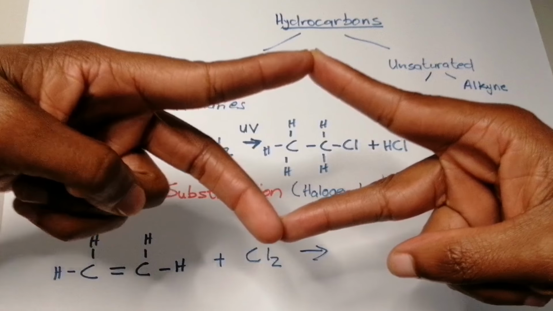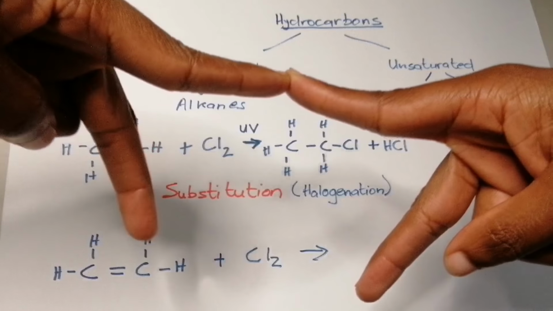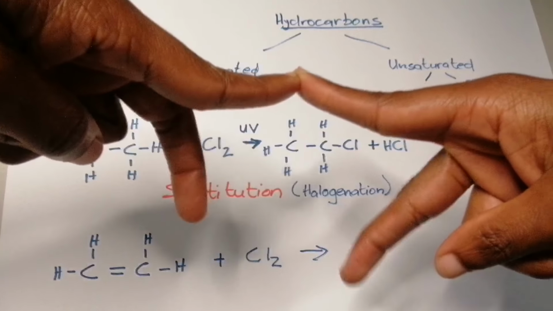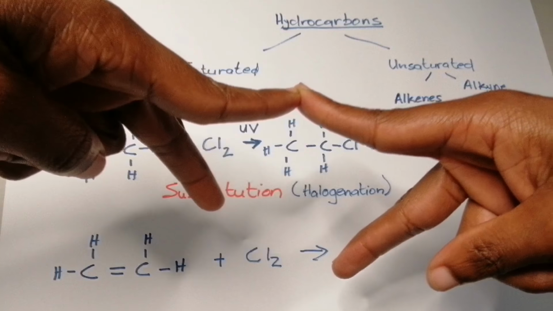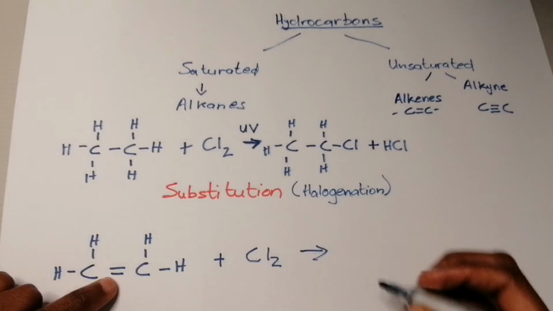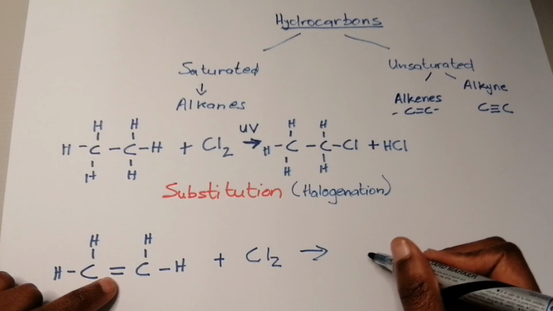So when it breaks, now I've got two fingers that can basically hold on to something else. So when a double bond breaks, we've got the sigma bond there and we've got the pi bond, not that you need to know their names.